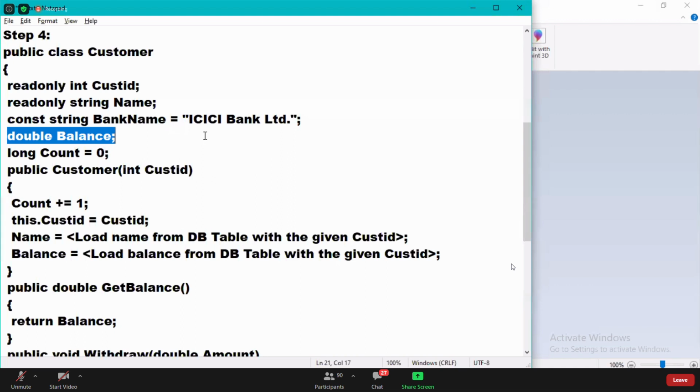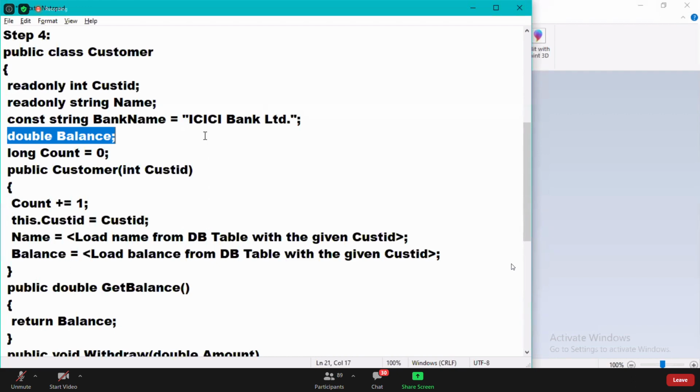Count. Wrong answer. How will count be read-only? Count is modifying, count is incrementing. Every time the count will increment.